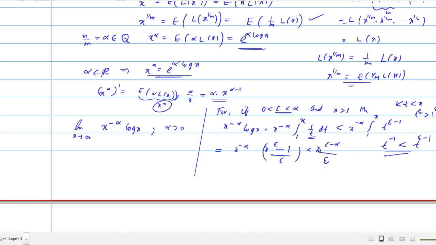So this can be written in the denominator, and as x tends to infinity the right hand side goes to 0. Then the limit as x tends to infinity of x raised to minus alpha into log x will be 0 because of this inequality.